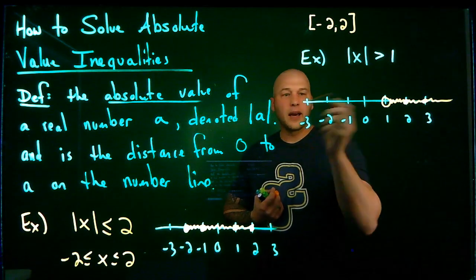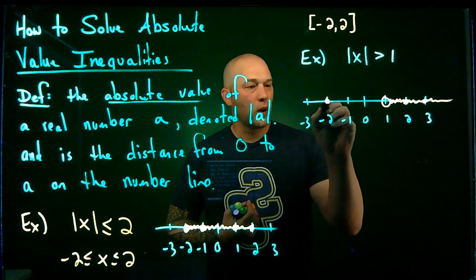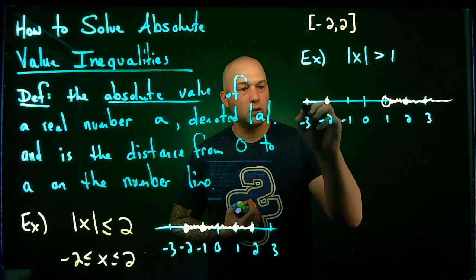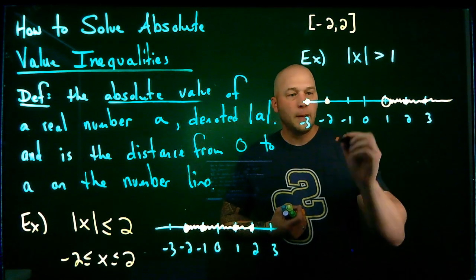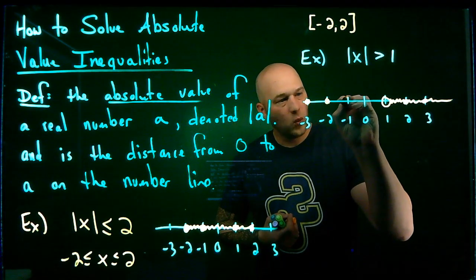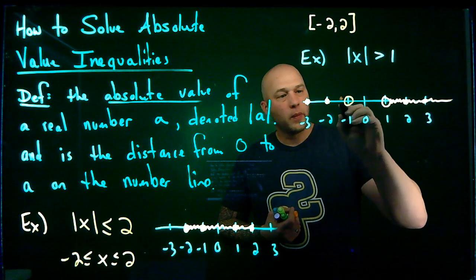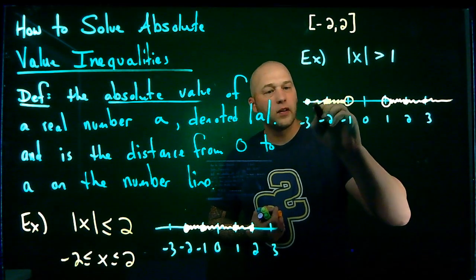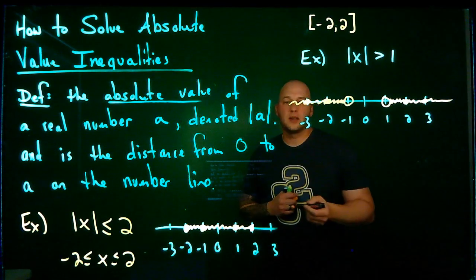Well, if I go to the negative side, -2 is 2 units away, so that satisfies it. -3 is 3 units away, so that satisfies it. -1 is exactly 1 unit away, so that does not. But everything to the left of -1 also satisfies the inequality.